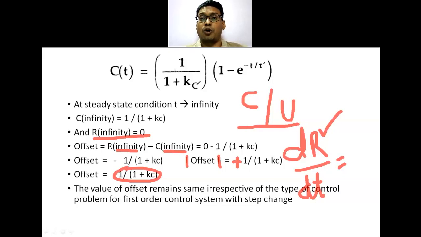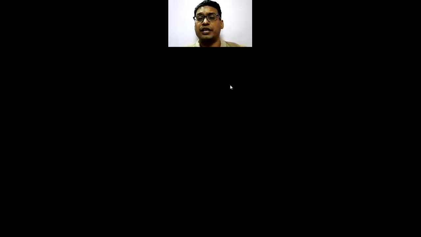Here, the response is 1 upon 1 plus Kc into bracket 1 minus e raised to minus t upon tau dash. And for a servo problem, it is Kc upon 1 plus Kc into 1 minus e raised to minus t upon tau dash. That is the difference that exists between a servo mechanism problem and a regulator problem.